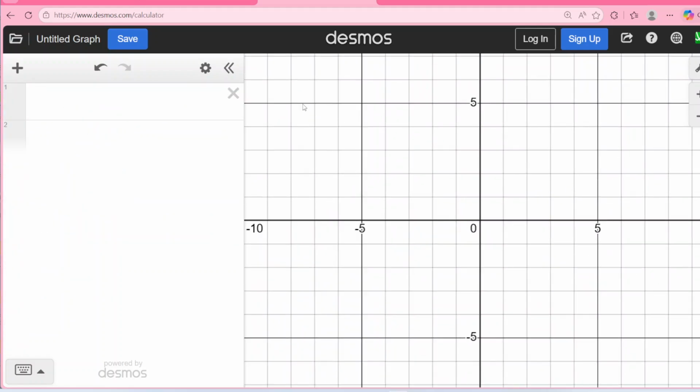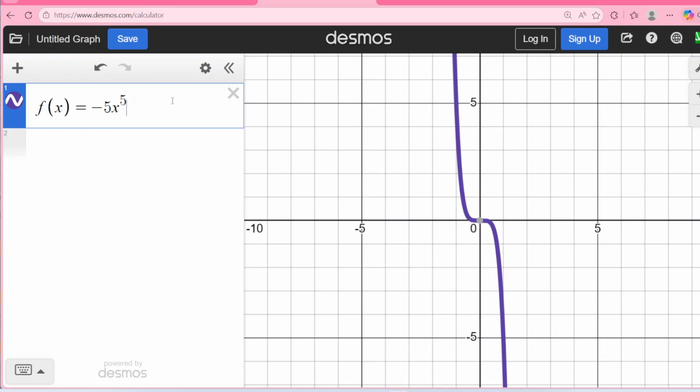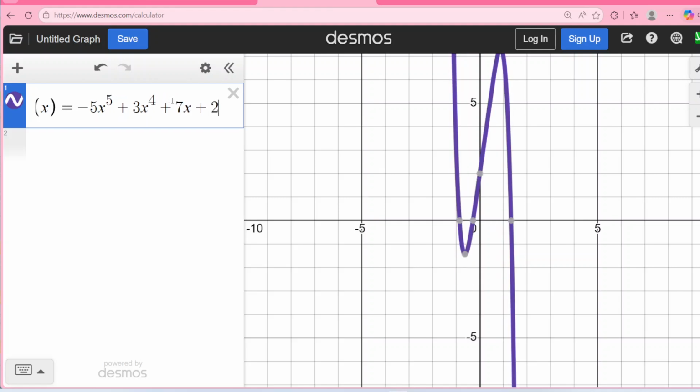So again, back here now, I don't have the y coordinates of the inflection points, but we can have Desmos show them for us. So -5x to the 5th plus 3x to the 4th plus 7x plus 2. So there's the graph.